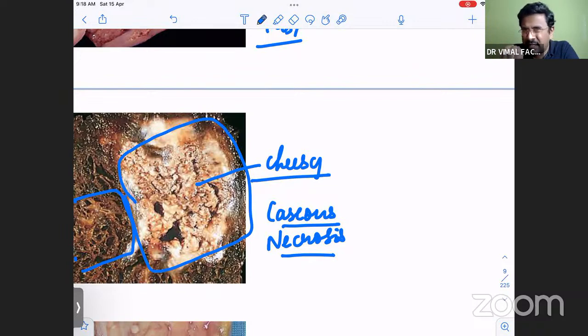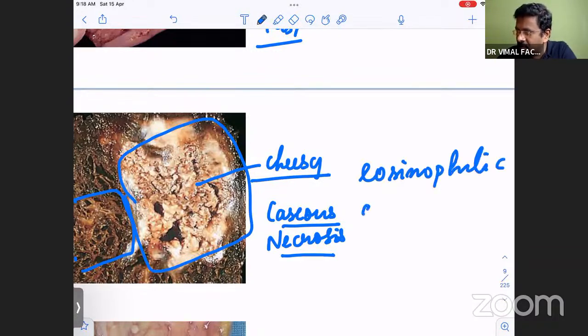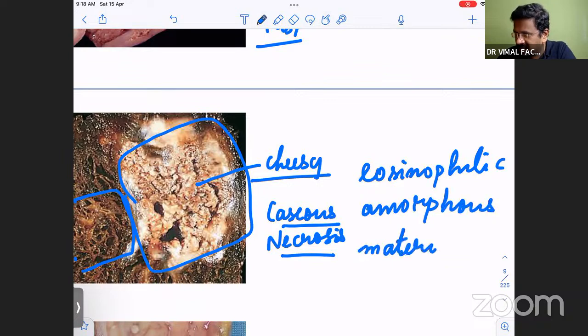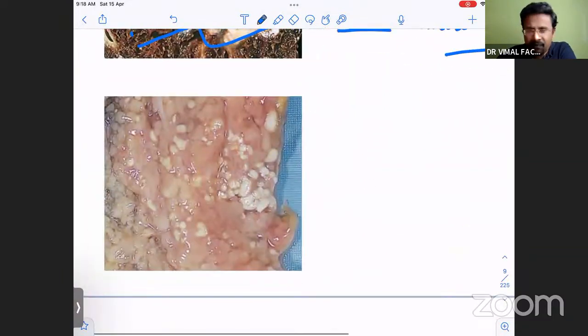In caseous necrosis you will not see any outer architecture, only eosinophilic amorphous material, along with the granuloma.